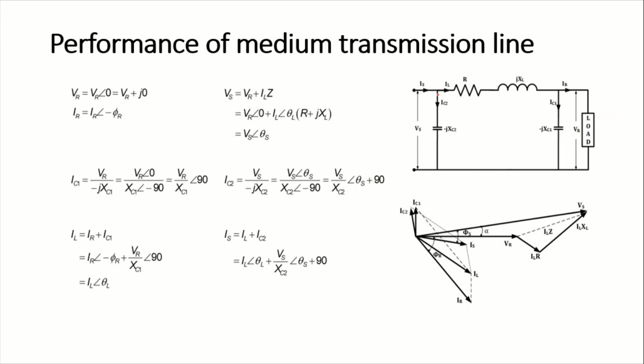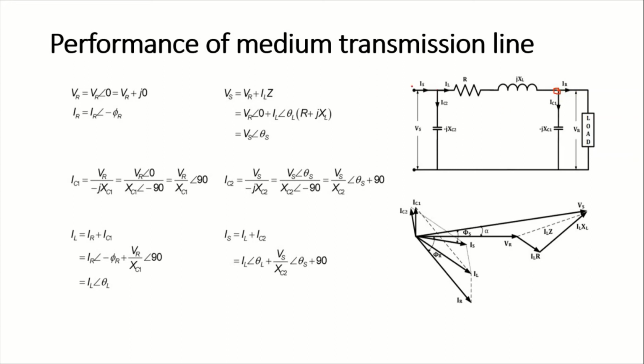In this figure, applying the KCL rule at this point, we can write the equation IS is equal to IL plus IC2, or applying KCL at this point, IL plus IC1 is equal to IR.